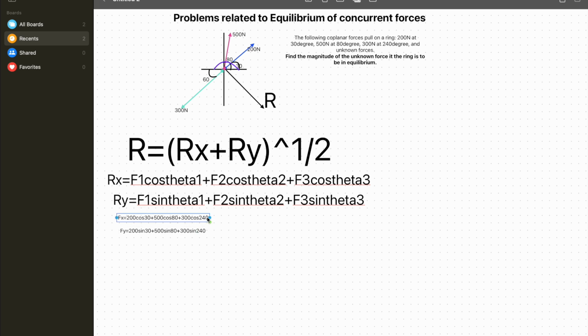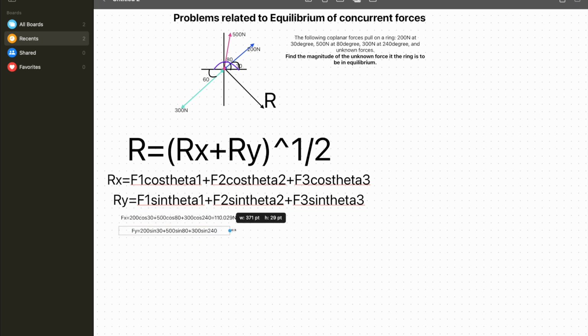So Rx equals 200 cosine 30 plus 500 cosine 80 plus 300 cosine 240, which is 110.029 Newton.